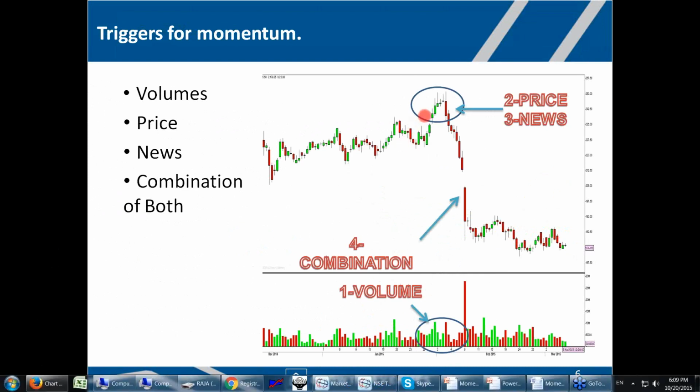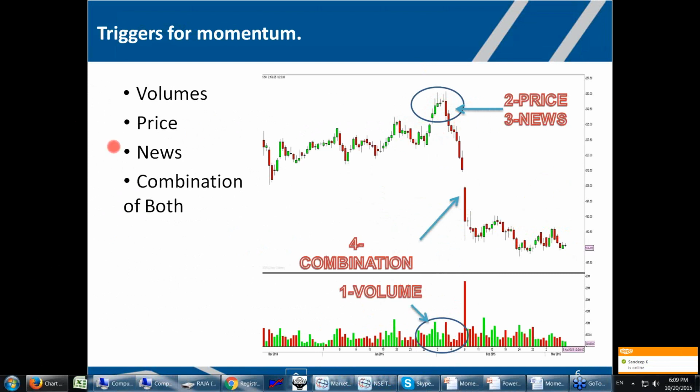If you could see here, the volumes are drying up. This is the first indication. And then the price starts showing signs of reversal. This is the second indication. And then the news steps in.